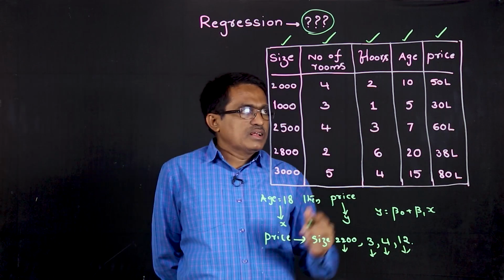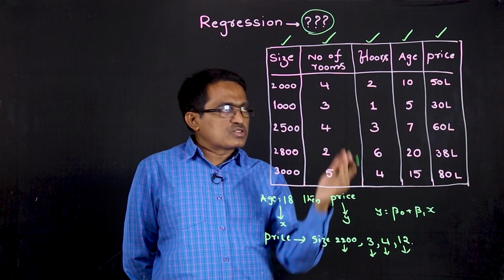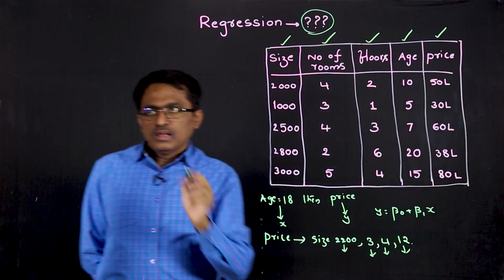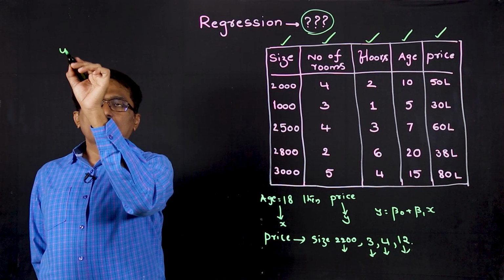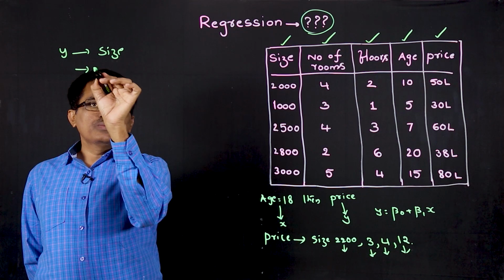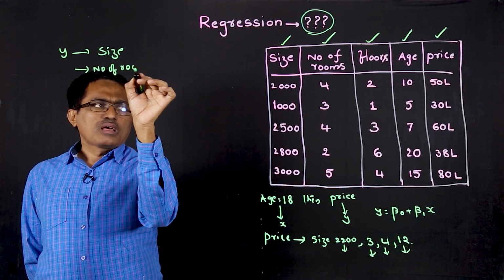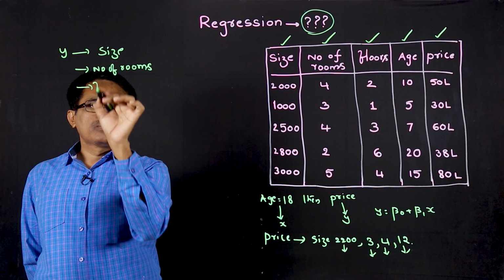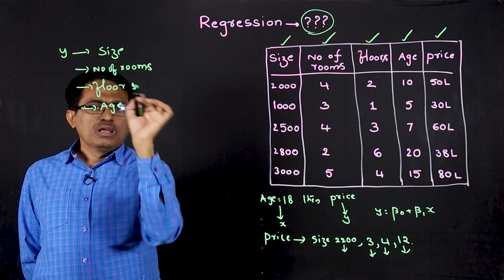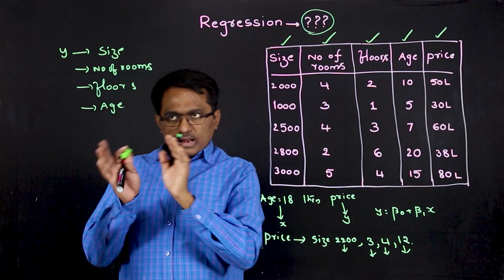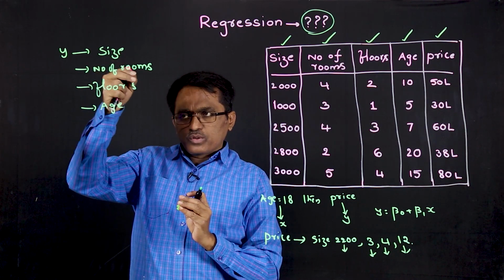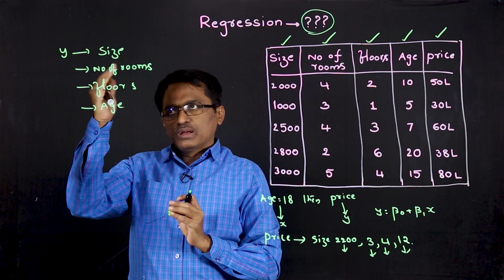If you observe here, y, that is price, depends on size, number of rooms, floors as well as age. That means we need a relation between size, number of rooms, floors and age, based on which we can try to predict y.